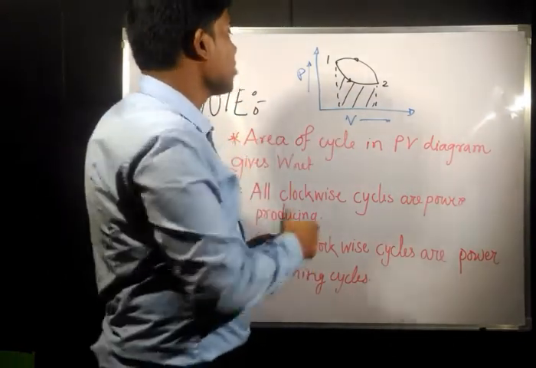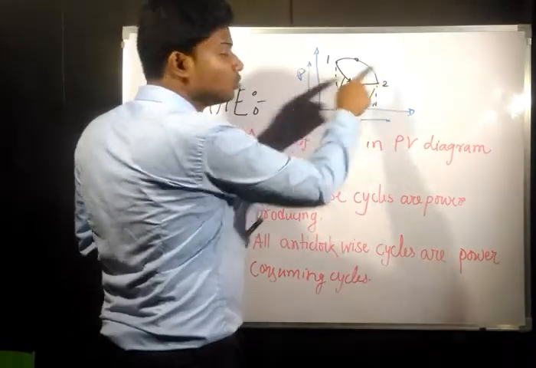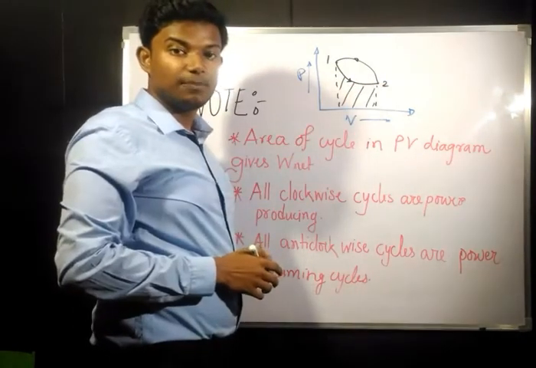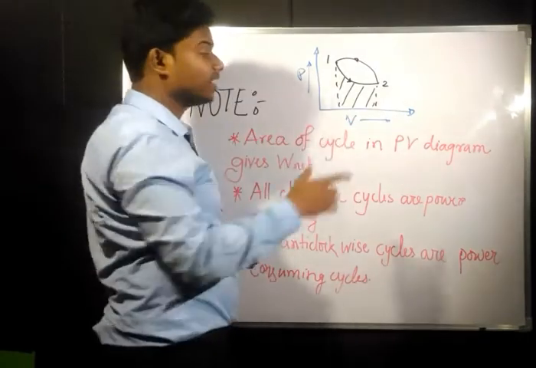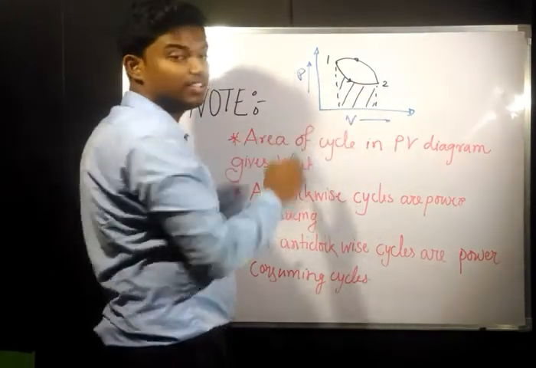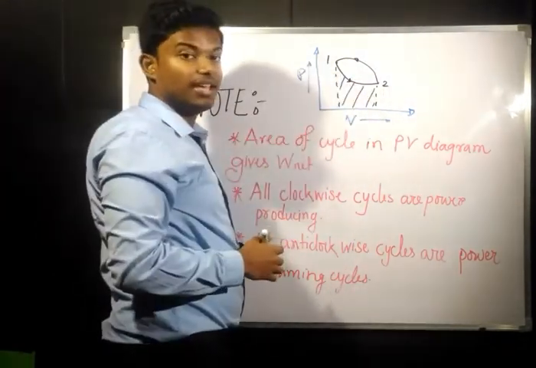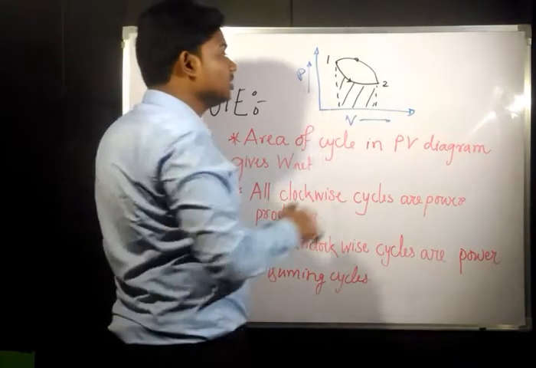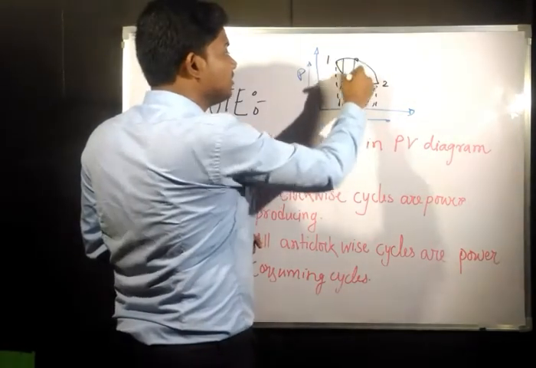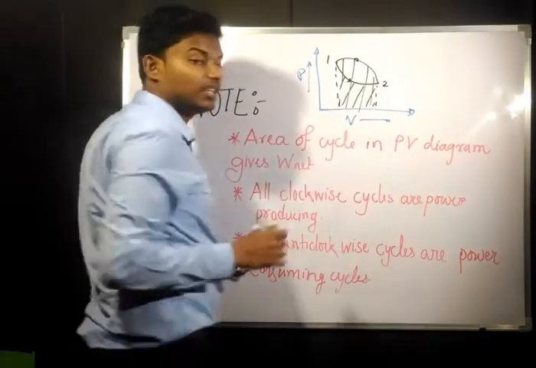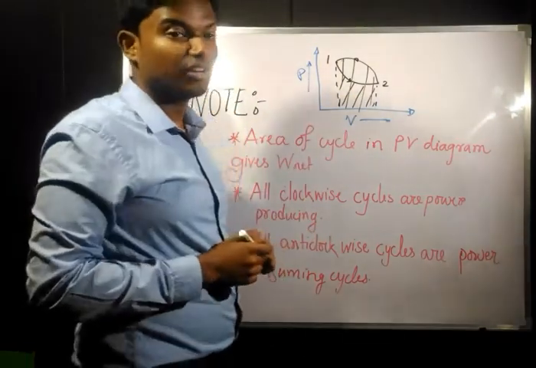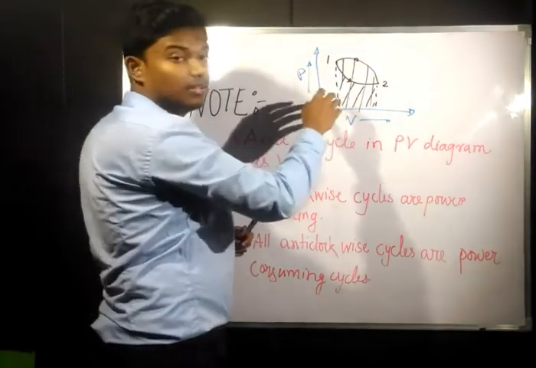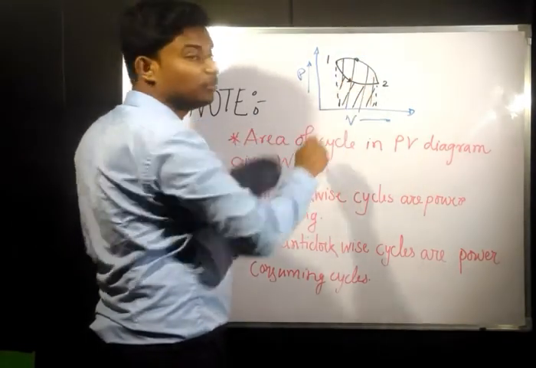So as we can see, 1 to 2 is an expansion process, that is positive. While going back 2 to 1, it is going to be compression, because volume is reducing. So the area under this will give us the negative work. Now the area under this will be negative and the area under this will be positive.